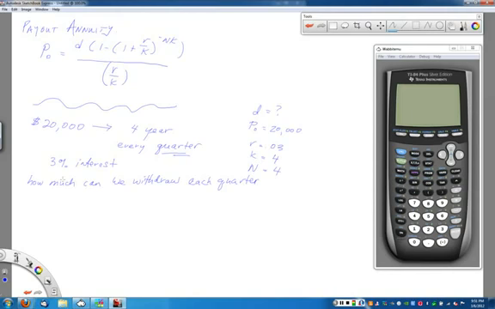So just following along up here, P naught is $20,000 equals D, which I don't know, times 1 minus (1 plus R, which is 0.03 divided by K, which is 4 this time) to the negative 4 times 4, because 4 years, 4 times a year, because we're compounding quarterly.